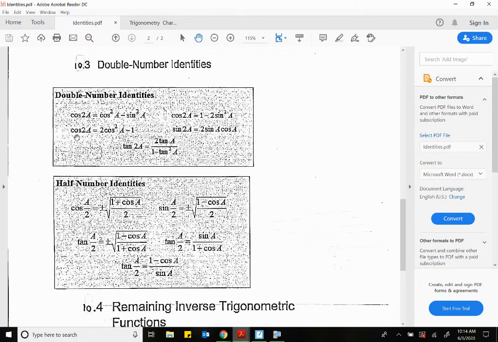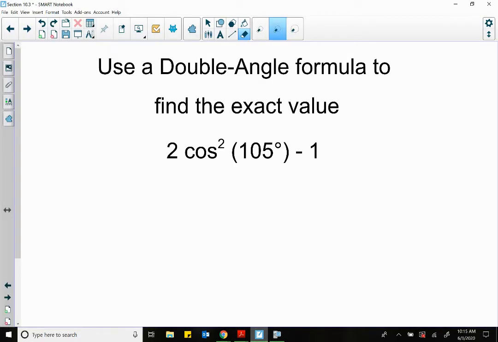So they want you working backwards, just like what happened in the sum and differences. Sometimes we work forward, sometimes we work backwards. Go ahead, pause the video, and work this backwards. You're going to turn this into cosine double angle and solve. Go. Okay, so we know that this is equal to cosine 2a.